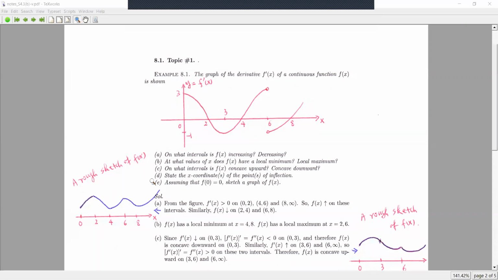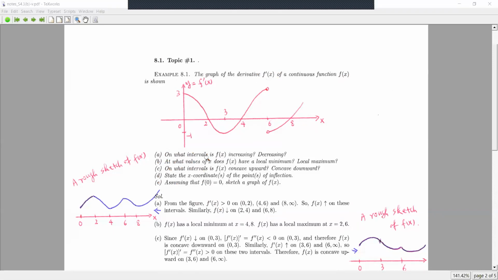And also, all the questions are about the function f of x, not about f prime of x. So all these questions are not about this curve. This curve is the graph of f prime of x. Okay, first question.